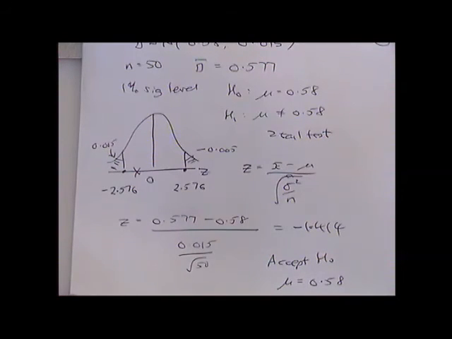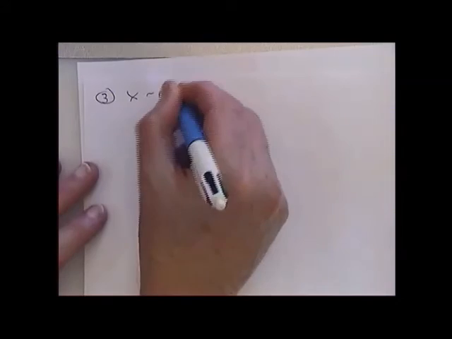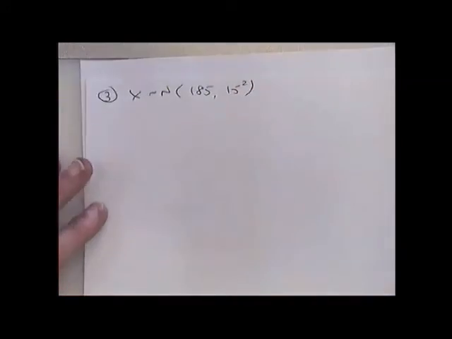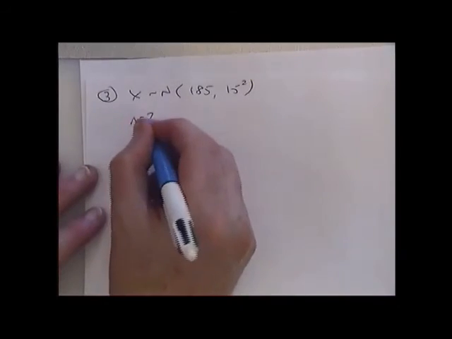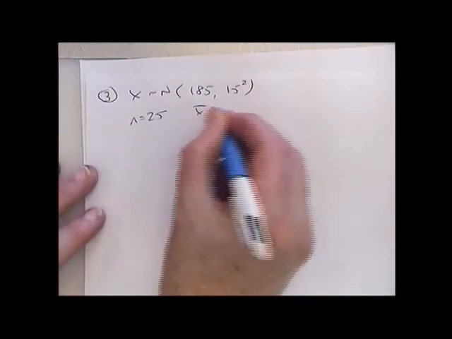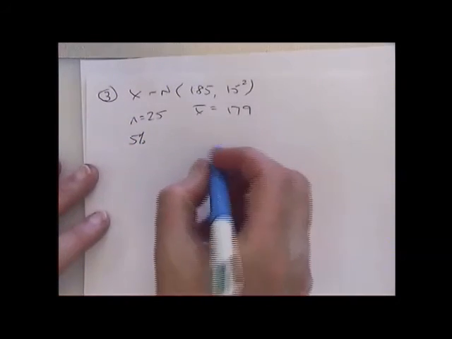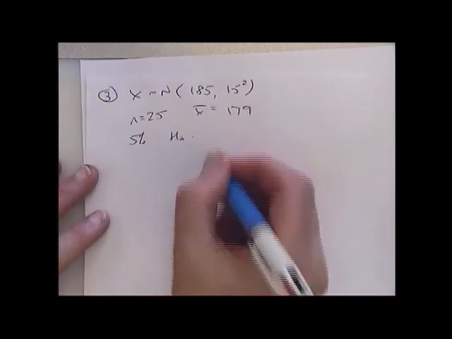Are you okay with the two-tail one? Okay, so I'm going to give you just some information, see if you can finish the next one off on your own. So the third one we're going to look at, we are starting X, normally distributed 185, 15 squared, sample size 25, sample mean 179, 5% significance level. What will H0 be?